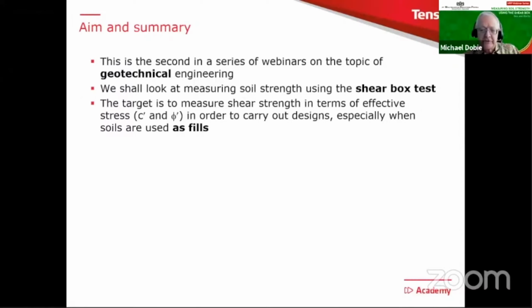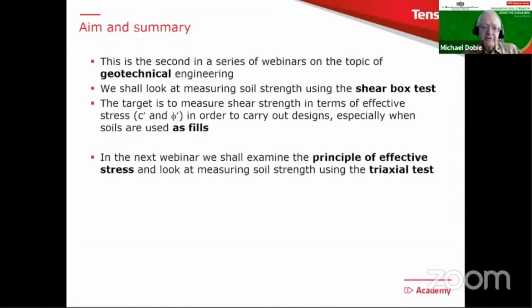We normally refer to these with the parameters c' and phi'. We would need these to carry out designs of almost any kind of earth structure, reinforced soil structure, slope, etc. So they are very important parameters. And in this particular case, principally, I'm looking at using these materials as fills.